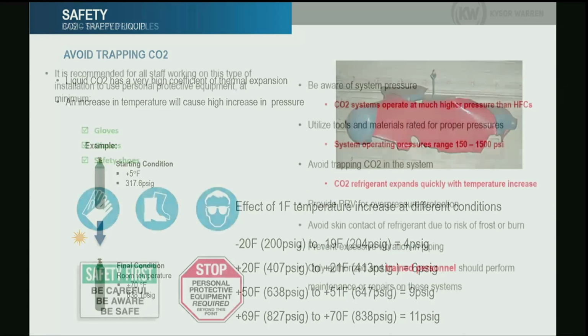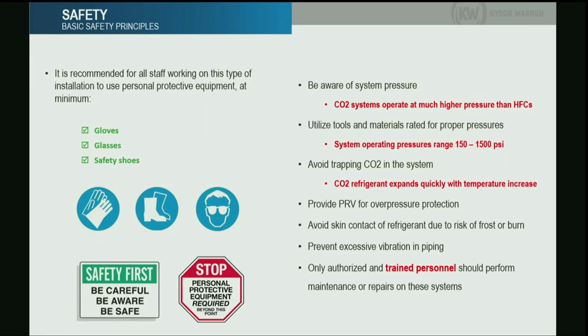One of those is that, again, CO2 is a high-pressure refrigerant, so we need to be aware of what part of the system we are working on, because the pressures of a CO2 system can range between 150 pounds up to 1,500 pounds. If we talk about HFC systems, the pressures range between maybe 2 pounds up to 350, 400 maybe. But with CO2, we are talking about 4 to 5 times that pressure.